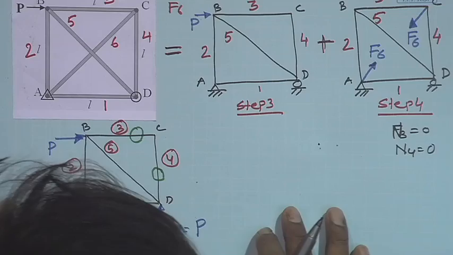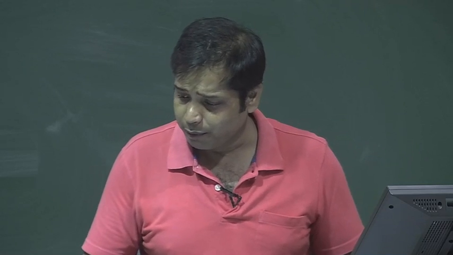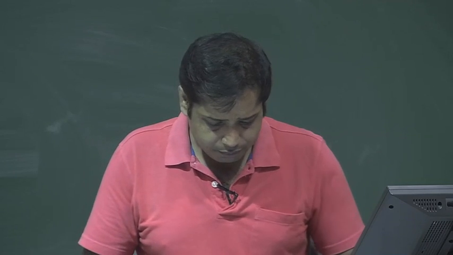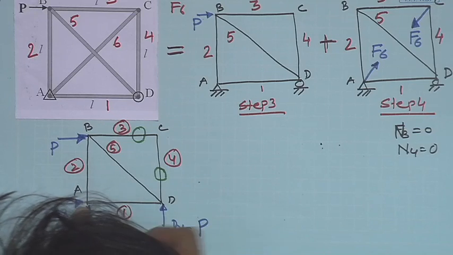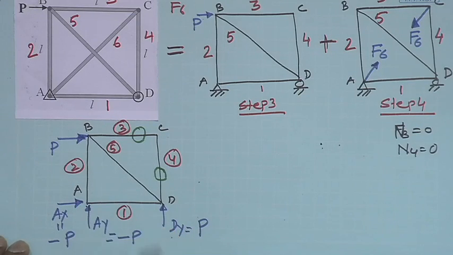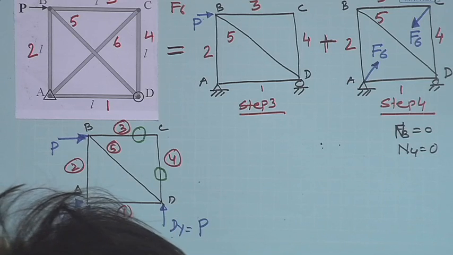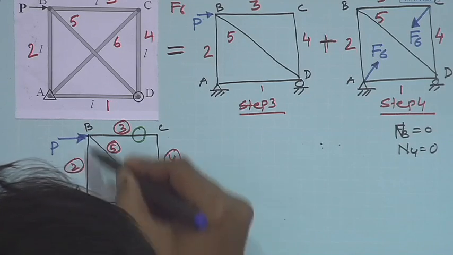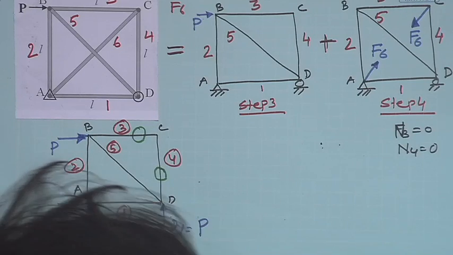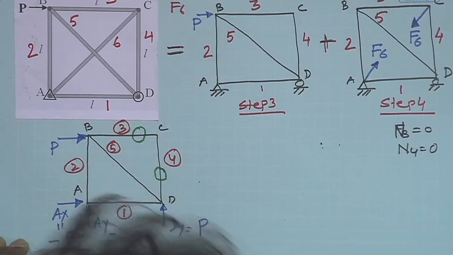Now, once we have the reactions, let us see what the forces are in the other members. Look at this joint. At this joint, we have force Ax, force Ay, the force in member AB, which is member 2, and the force in member 1.